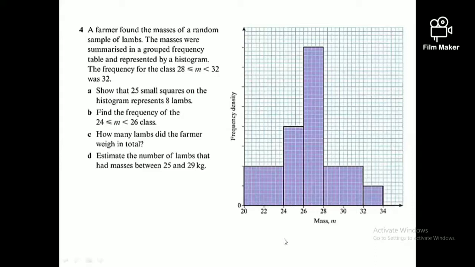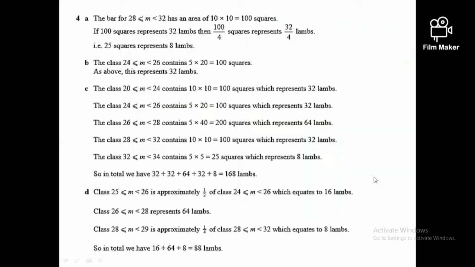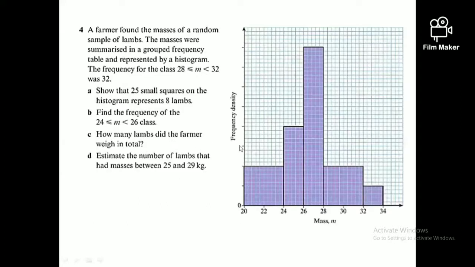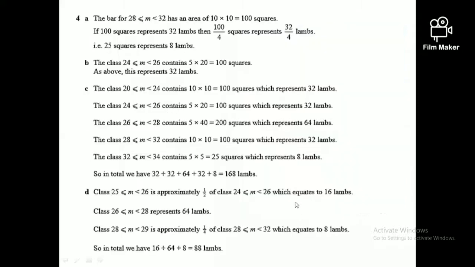Right. Then 26 to 28, the total area over here is 5 into 40, there are 200 squares. We know that 100 squares is 32, so 200 squares should be 64. Then 28 to 32, there are 100 squares.